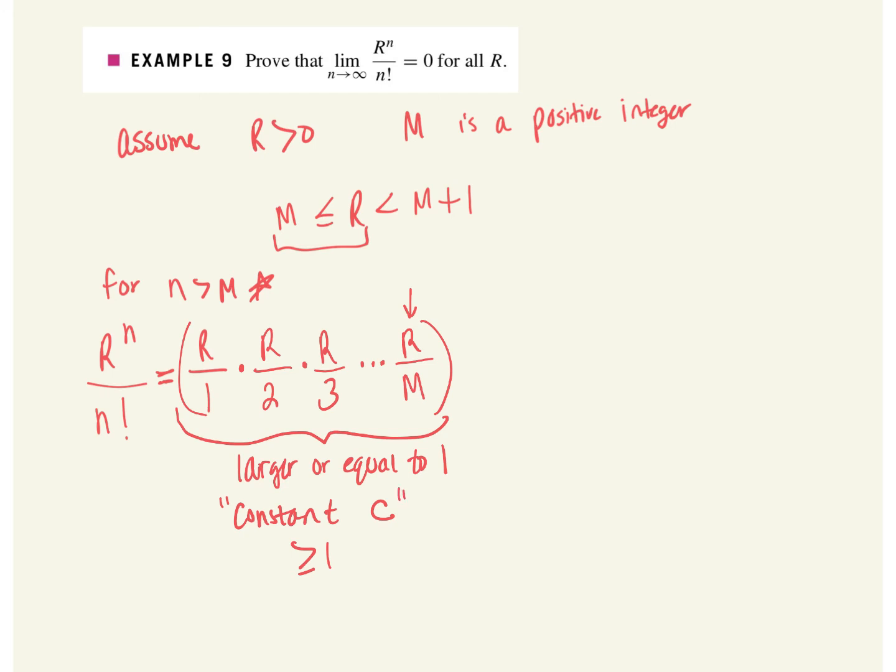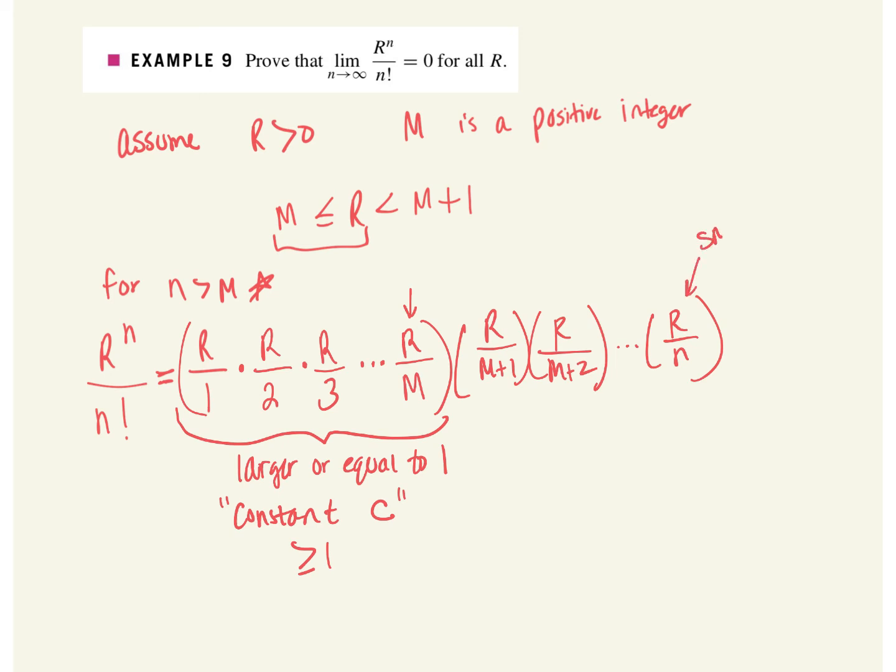Okay, I'm not done here, right? Because I said that I was going to n. So my next terms are r over m plus 1, r over m plus 2, all multiplication still, dot, dot, dot, until I get to r over n.